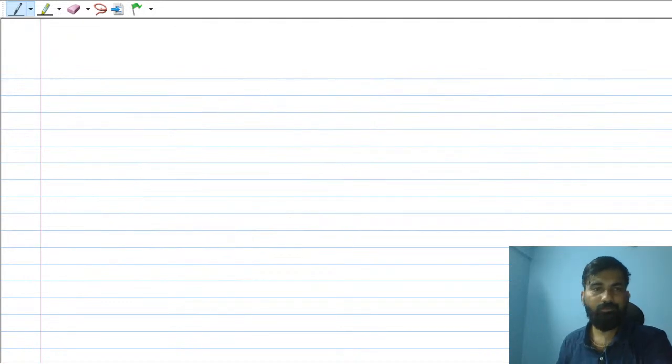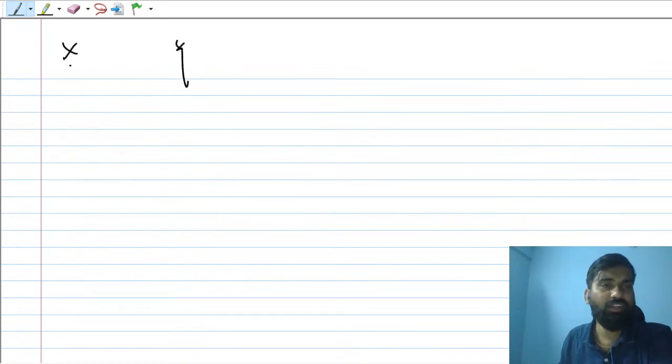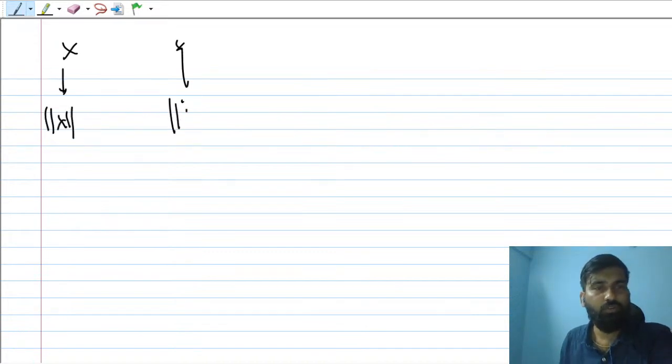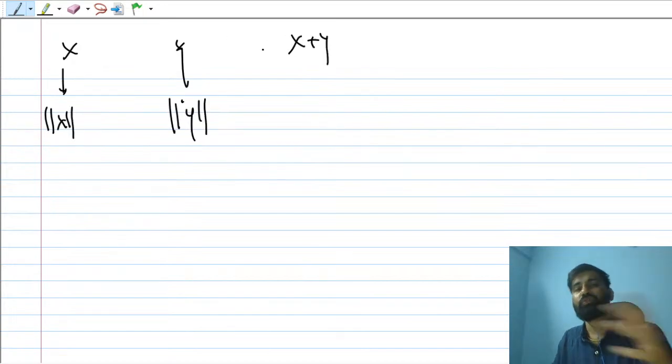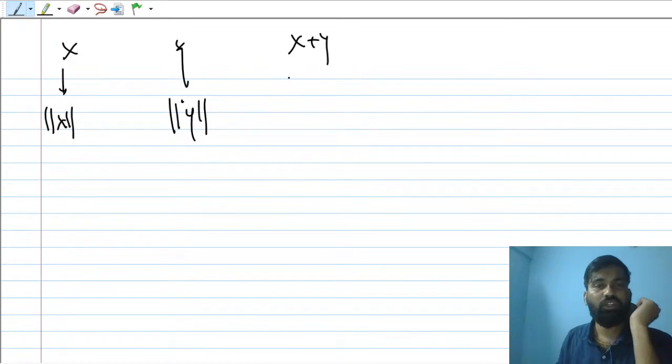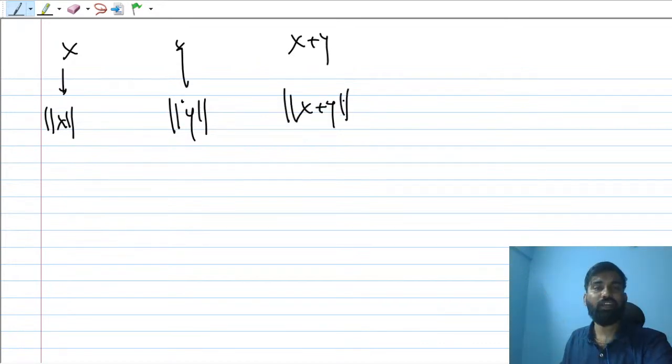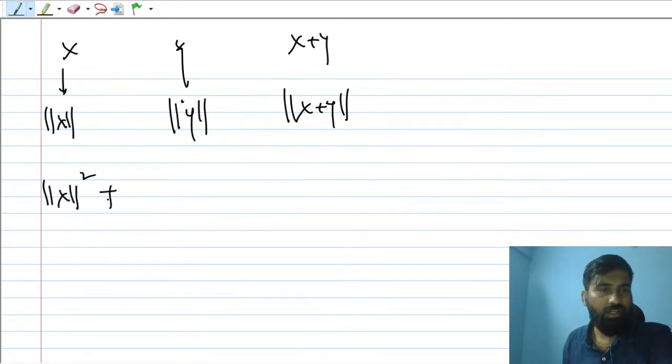I'm going to write it again. First of all, suppose the x vector is given and the y vector is given, and you have to find whether they are orthogonal to each other. You can find the norm of x, find the norm of y, and add these two vectors. I think everybody knows how to add two vectors. Then you can again find the norm of the sum, take the squares, and add them.